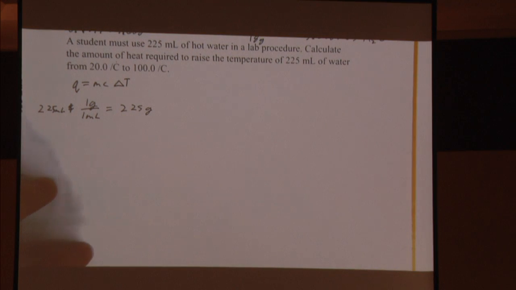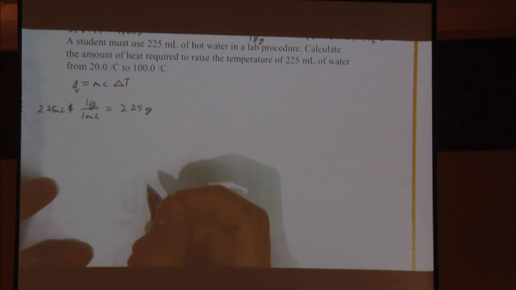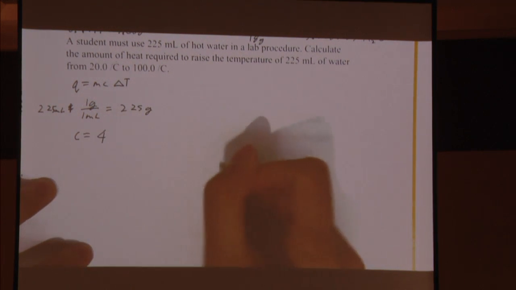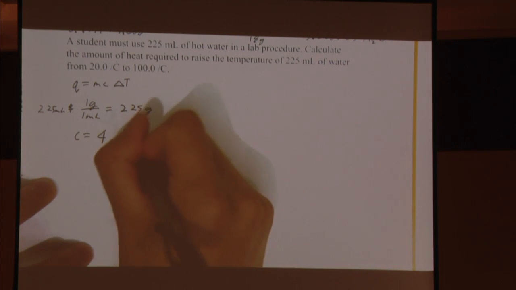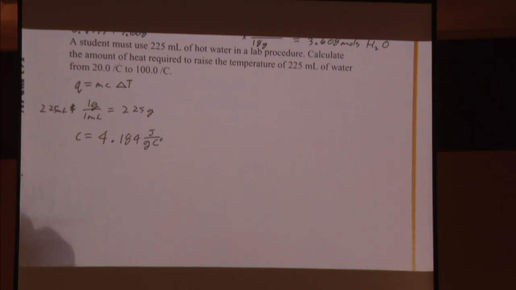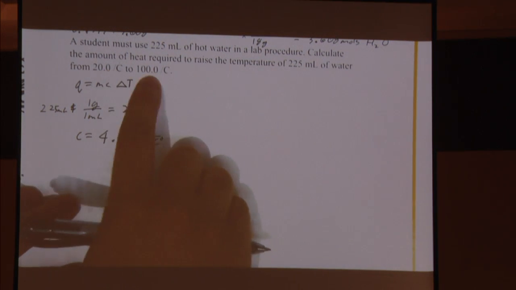We also know the specific heat constant for water, that is C equals 4.184 joules per gram Celsius. And then we can figure out our delta T by subtracting 20 from 100.